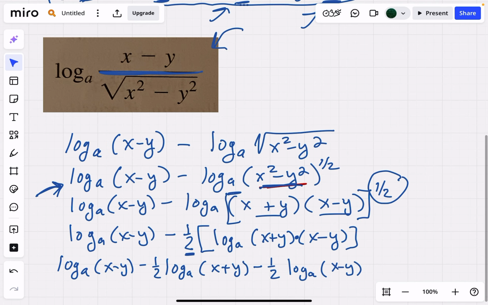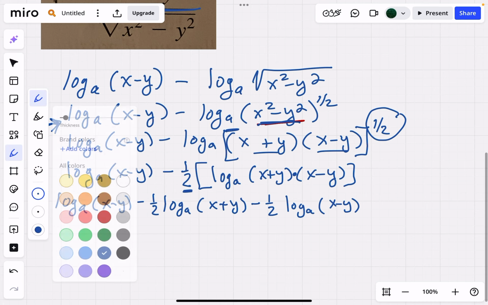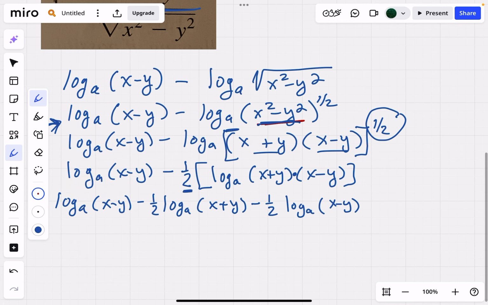And now hopefully you see that this is kind of coming together and simplifying. Why? Because we have terms that we can combine. This is log base a of x minus y. This is log base a of x minus y. So since those are the same, we can combine their coefficients. Coefficient here is 1. Coefficient here is negative half. 1 minus a half is a half.